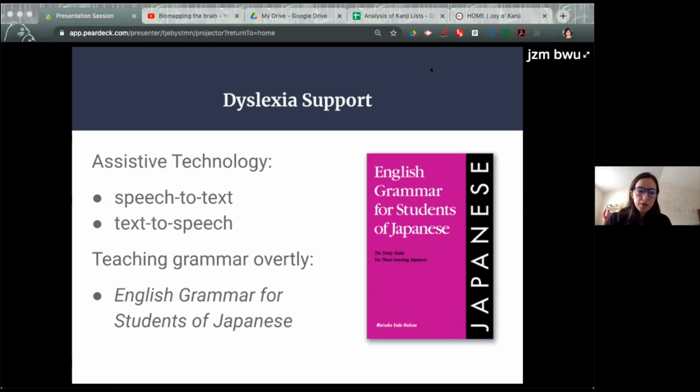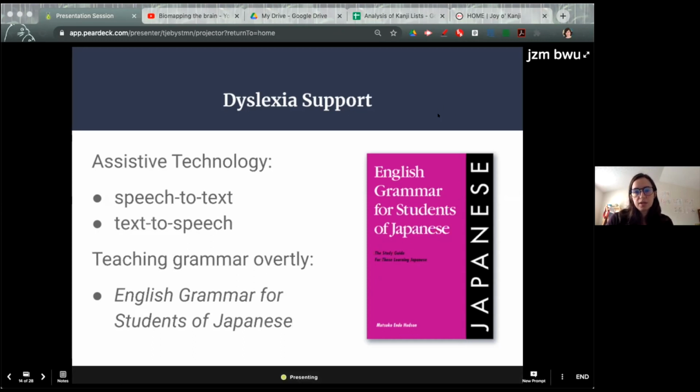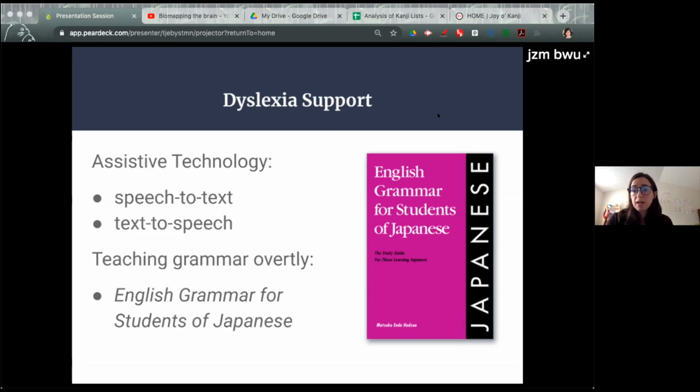This is another one where the technology that we have access to gives us some of these tools. Even free things like building flashcard sets in Quizlet give us access to this, where it can be read out loud and broken down that way.